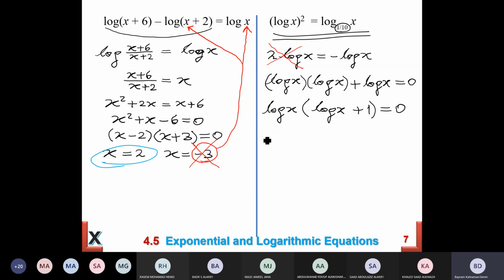So we have logarithm x is 0. From here, x will be 10 to the power of 0, which is 1, of course. And we have logarithm of x equals negative 1. That means x equals 10 to the power of negative 1, which is 1 over 10.